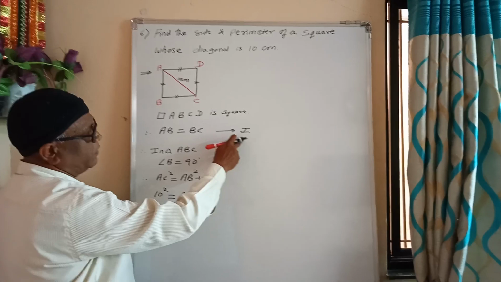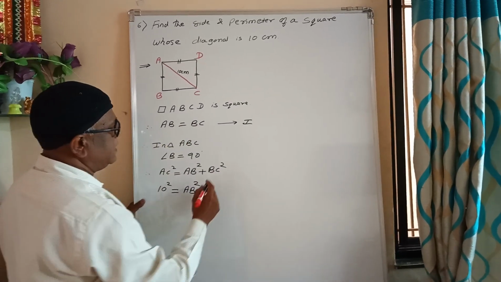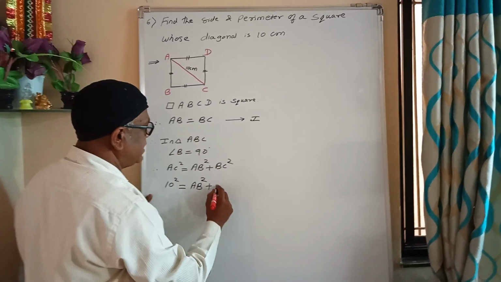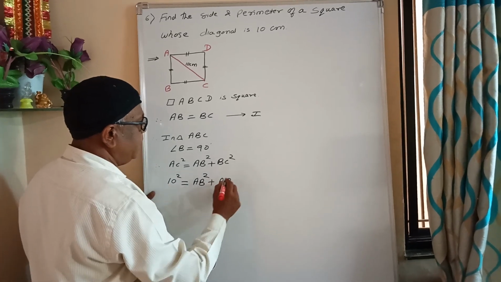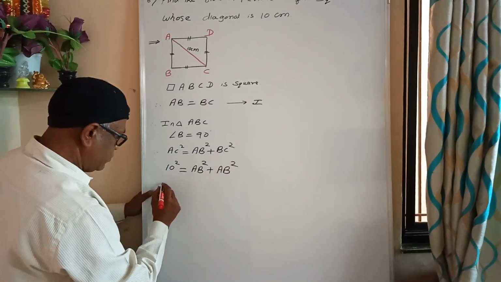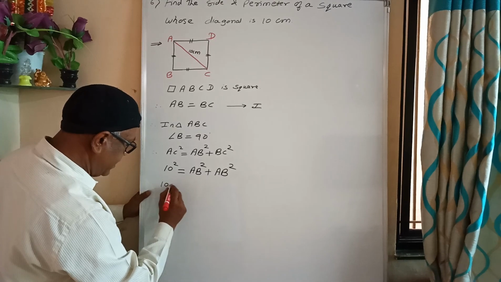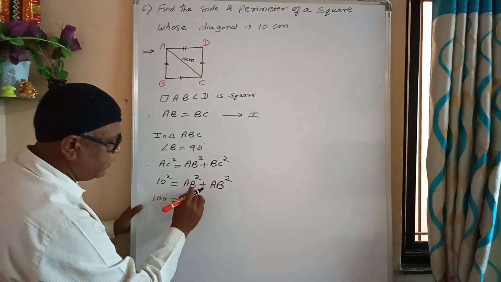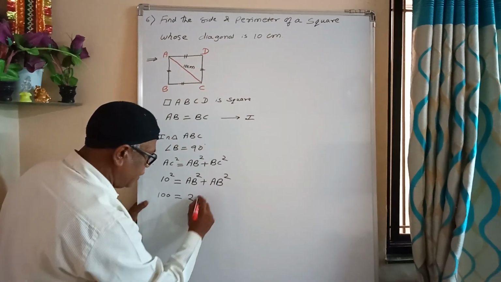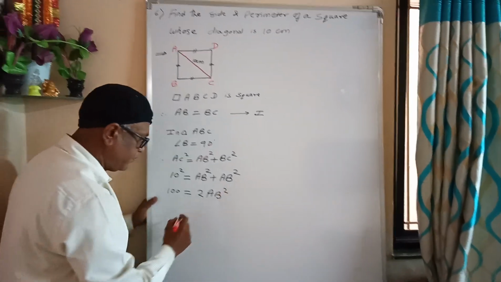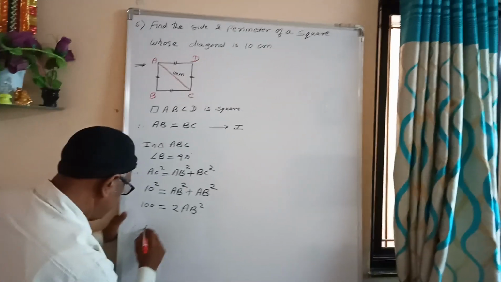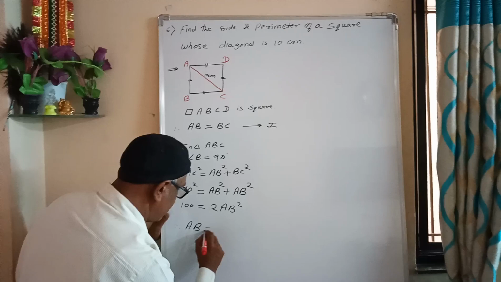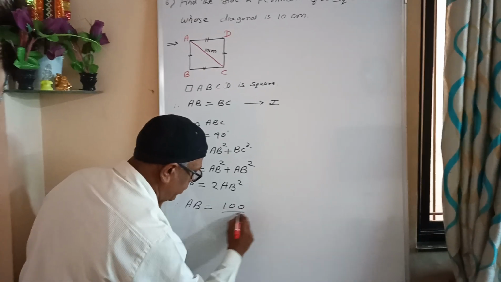But in equation number 1 AB is equal to BC, so instead of BC we are replacing it by AB, that is AB square. So 10 square is 100, which is equal to AB square plus AB square, 2 AB square. Therefore AB square is equal to 100 upon 2.